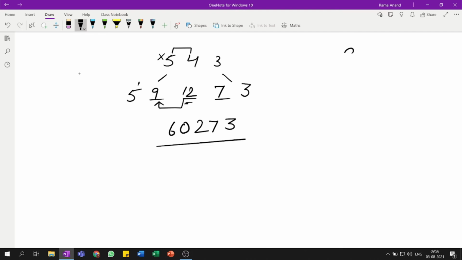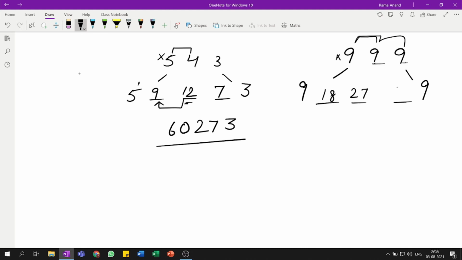Let's try the maximum number, that is 999. So keep 9 here and keep 9 here. In between 3. 9 plus 9, 18. 9 plus 9 plus 9, 18 plus 9, 27. And again now cancel this 9. Only 2 9s will be left. 9 plus 9 is 18.